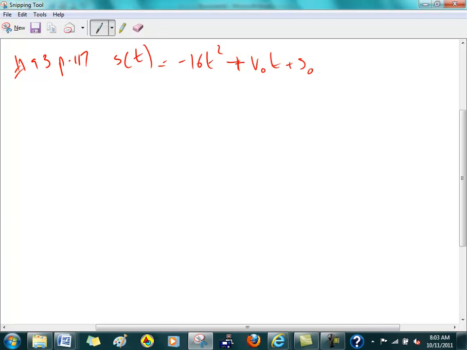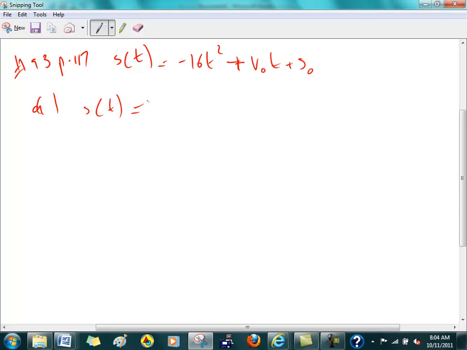The sentence says that a silver dollar is dropped from the top of a building that is 1362 feet tall. Part A, determine the position and velocity function. First, the position function. When you drop things, what do you think the initial velocity of the object is going to be?